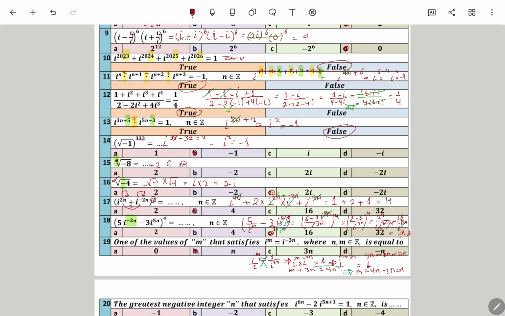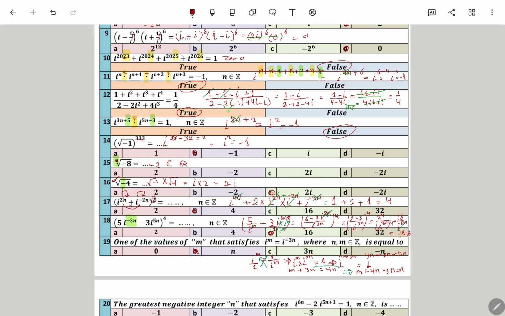You can also take the answers from here and check them. If you take 0 and put it instead, i to the power of 0 will give you 1, and we don't know how much i to the power of n is. We are looking for the value of i to the power of m. So i to the power of 0 will give you 1.